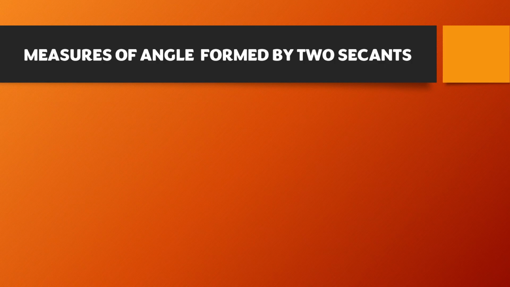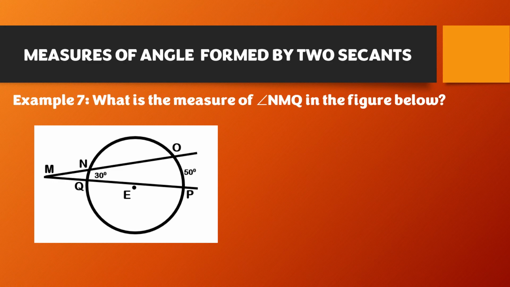Let's have now examples on how to determine the measures of angle formed by two secants. For example number 7, what is the measure of angle NMQ in the figure below?